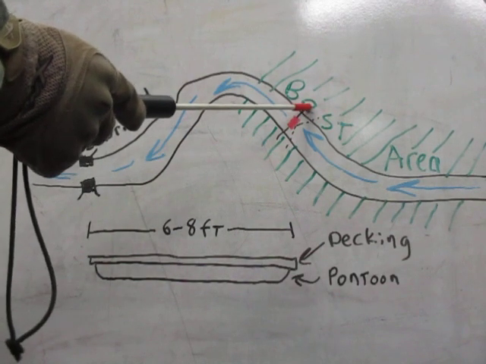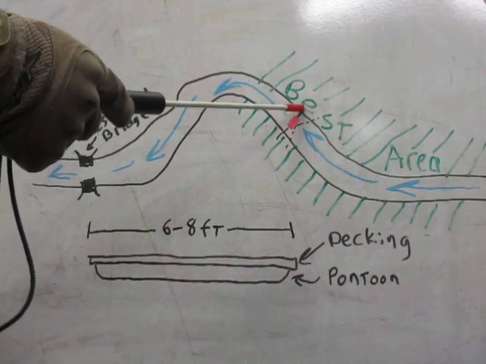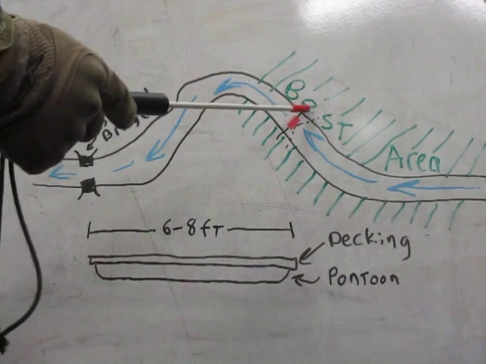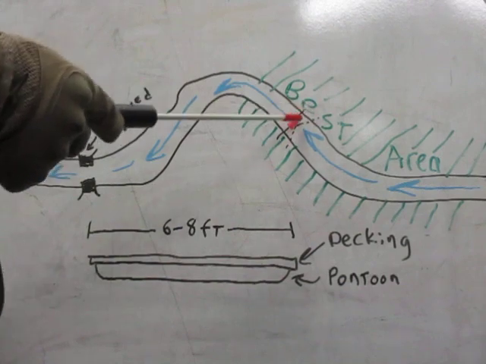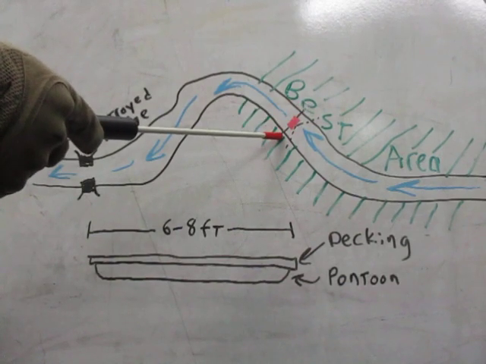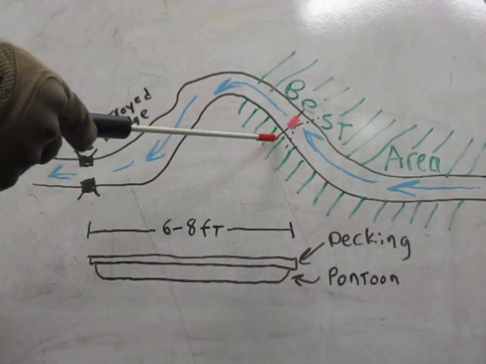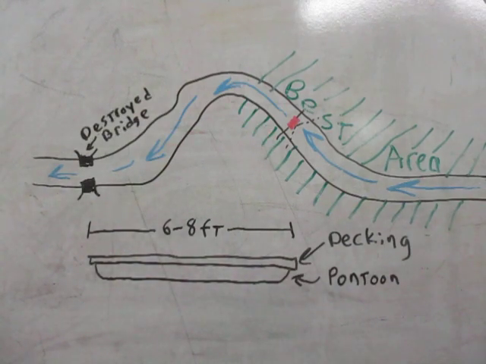They get the stuff offloaded, push the raft back. Someone stays on the ropes over here, signals, and then these guys pull the raft back over here. And then repeat the process. Either send over another casualty or two, or send over more supplies, more gear, whatever it is.